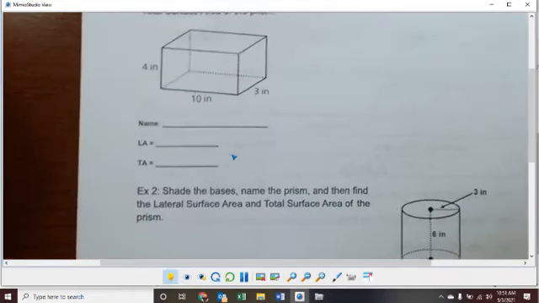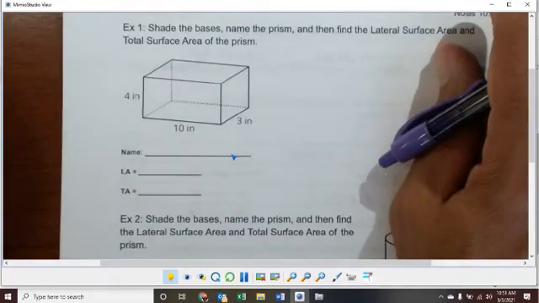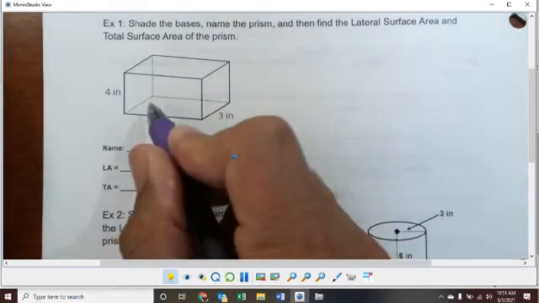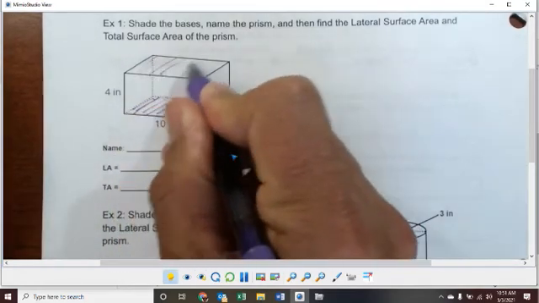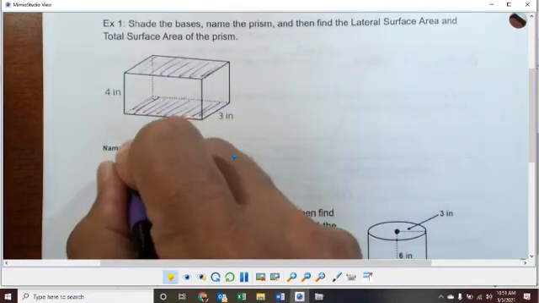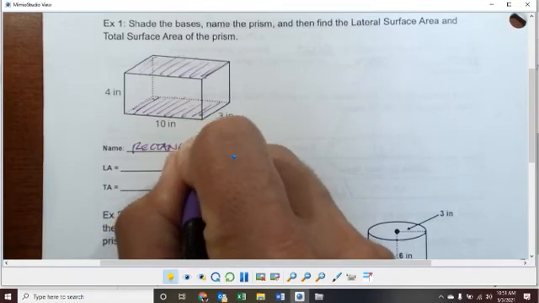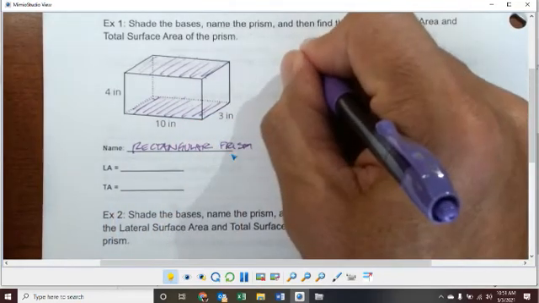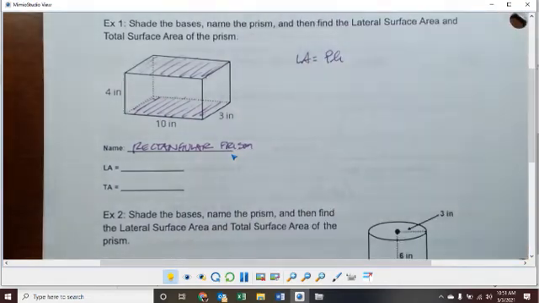So example 1 wants us to find the lateral surface area and total surface area of this prism. Again, you can pick any two parallel sides to be the base, but let's just go ahead and say it's the bottom and the top. This is a rectangular prism. Our lateral area is the perimeter times our height.